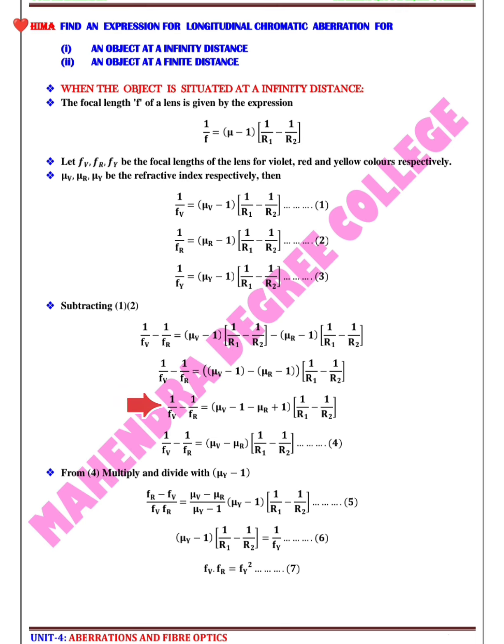Simplifying the refractive index terms. Expand the terms within the first parenthesis. 1 by Fv minus 1 by Fr equals mu v minus 1 minus mu r plus 1 into 1 by R1 minus 1 by R2.